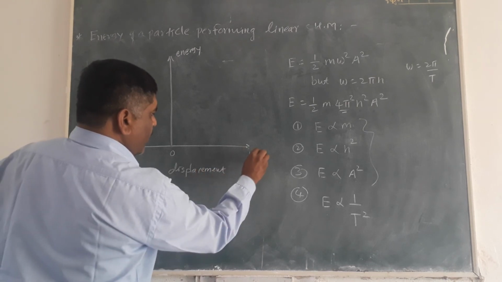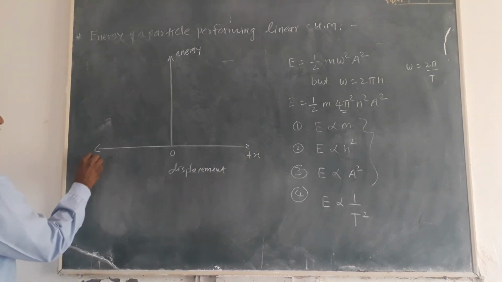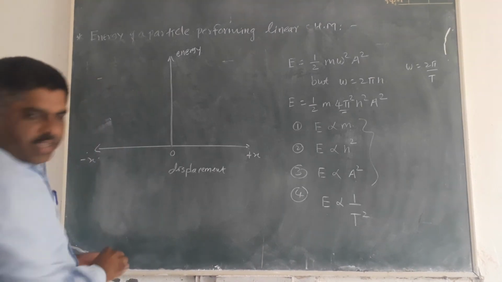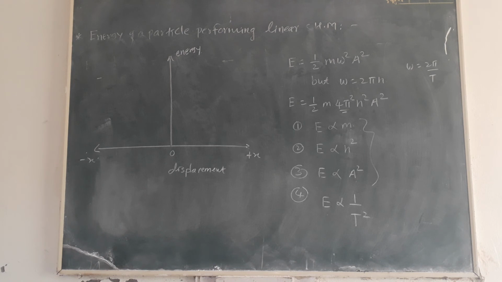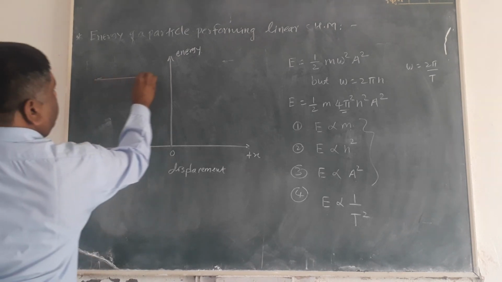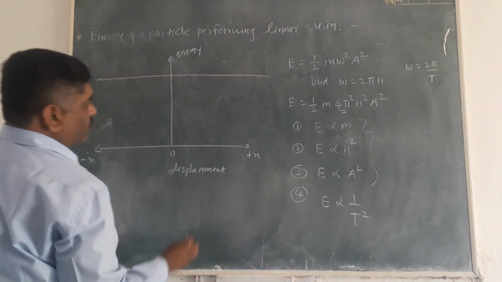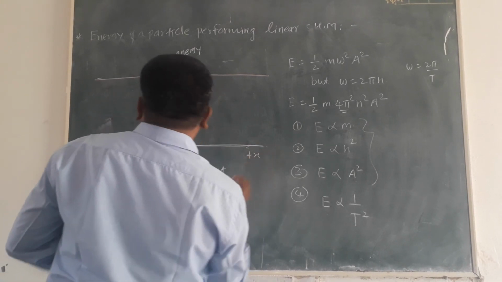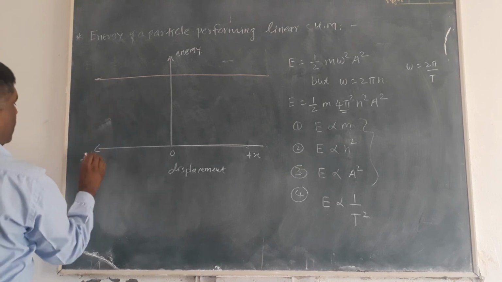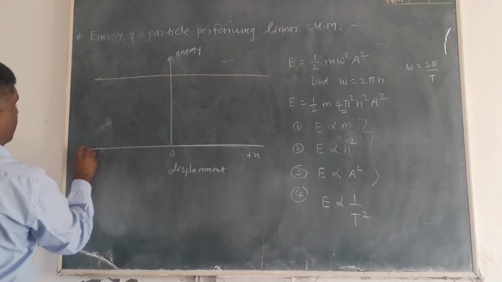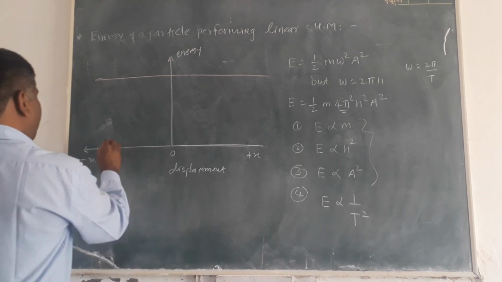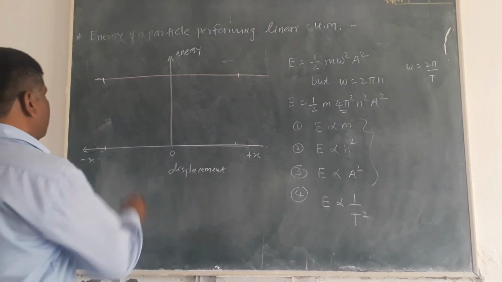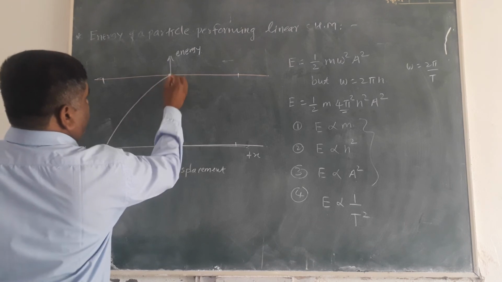This is positive x-axis, negative x-axis. Then the nature of this curve acts as a parabola.